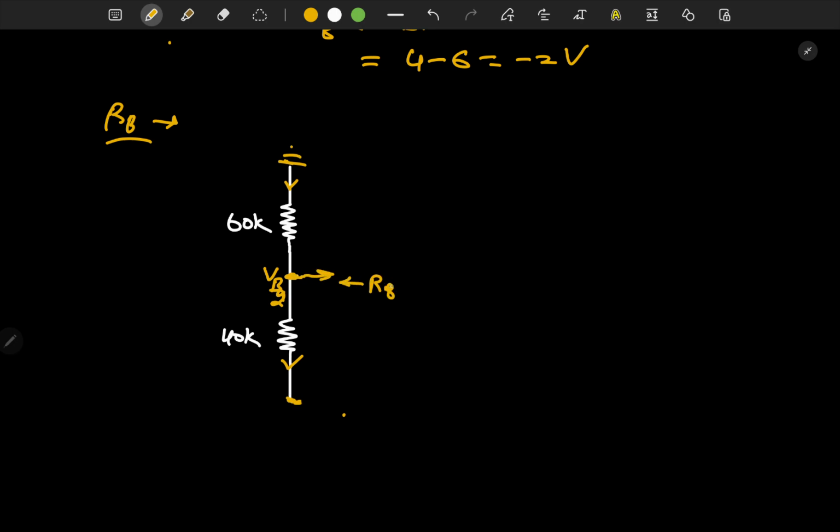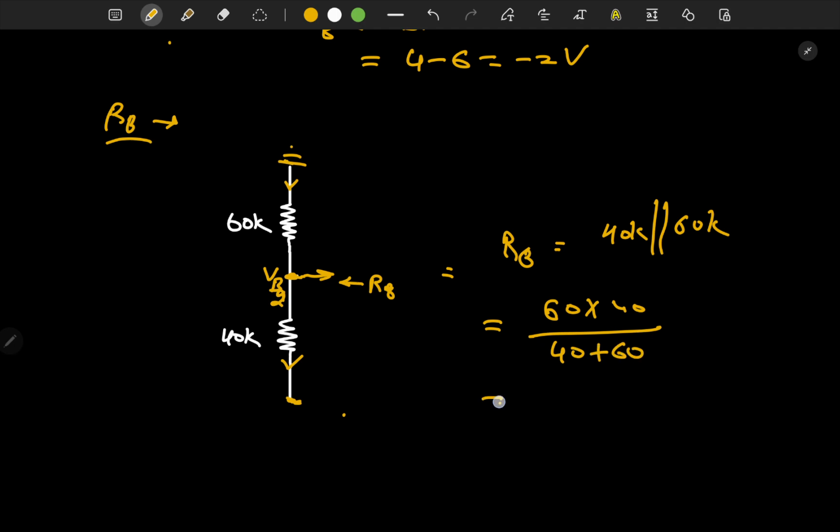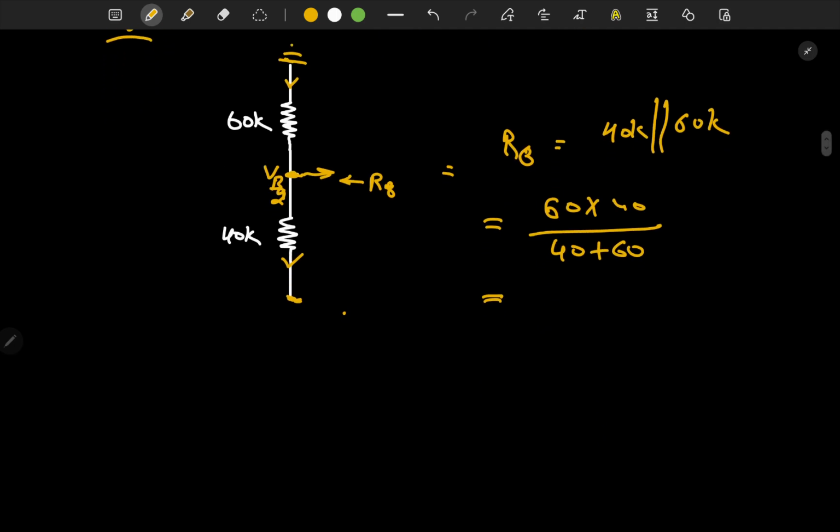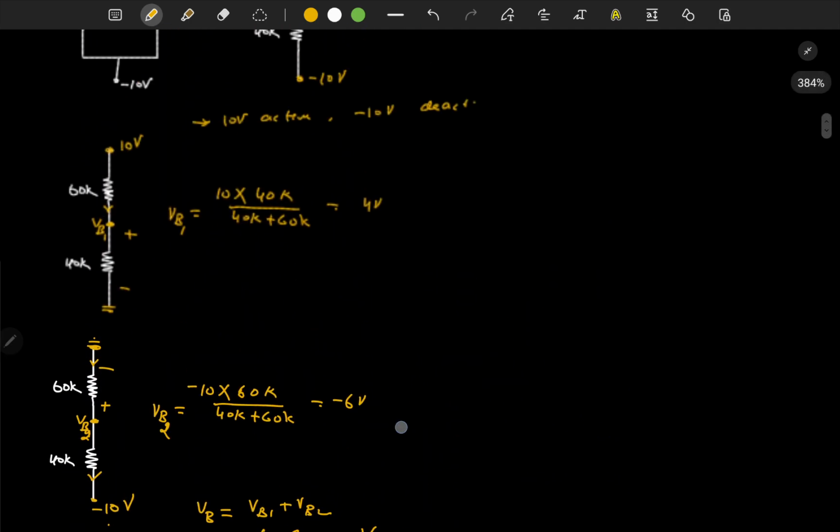RB will be the parallel combination of 40k and 60k, which is 60 into 40 divided by 40 plus 60, so it will be 24 kilo ohm.